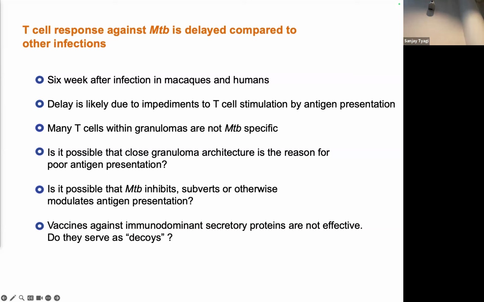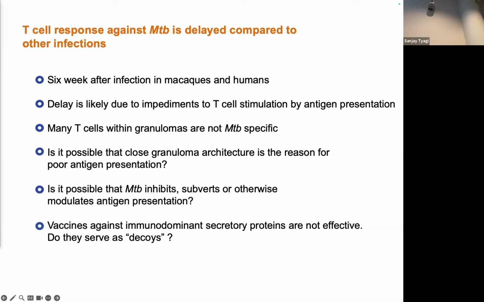Like in mice, I think it's 4 weeks. It could be that the antigen presentation that a viral infection makes, which immediately elicits a T cell response, doesn't happen in TB. It could be that TB has a way to delay or otherwise perturb the T cell response.